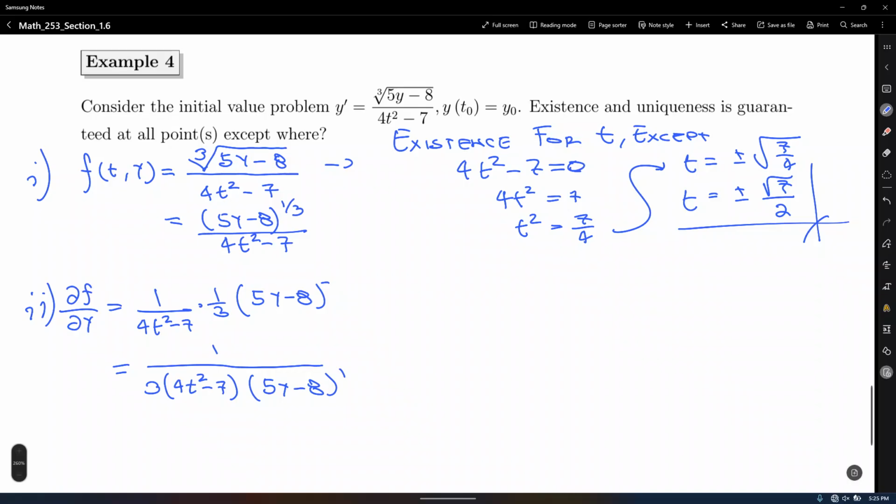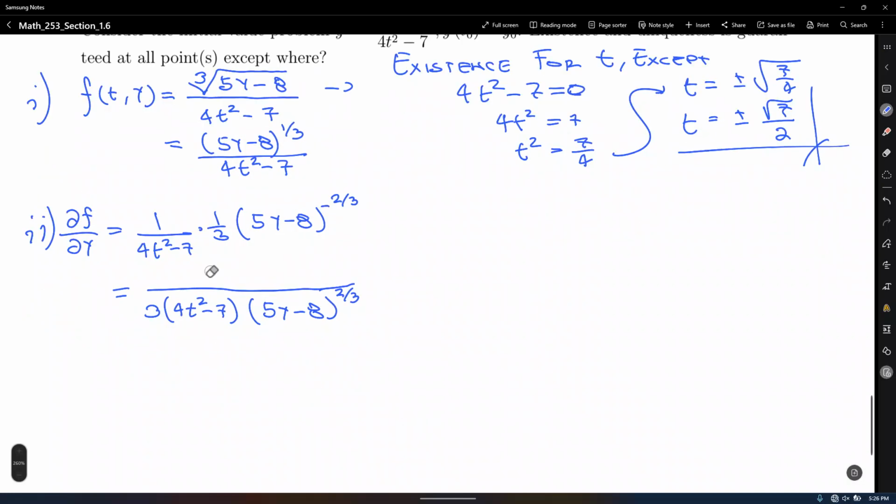So minus 2/3 here, and positive 2/3 right here. So in this case, we need to check what values, jointly t's and y's. Do you need a 5? Oh, yes, I need a 5, by the mini chain rule. Yes, this 5. Thank you.